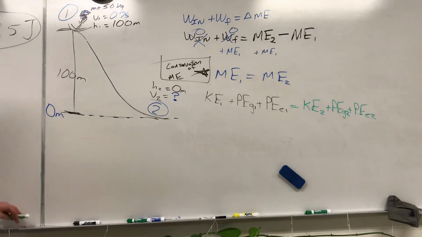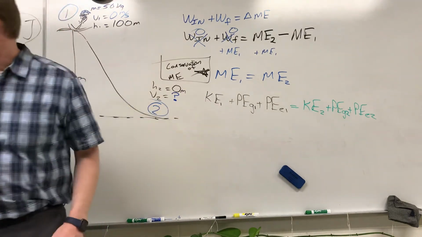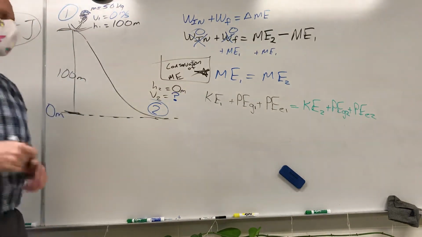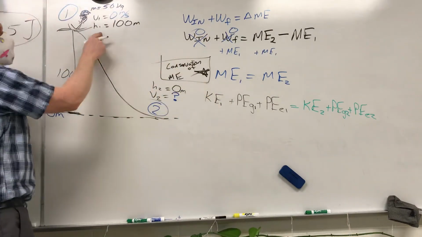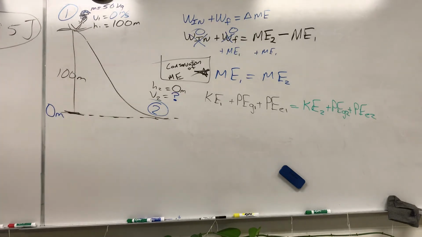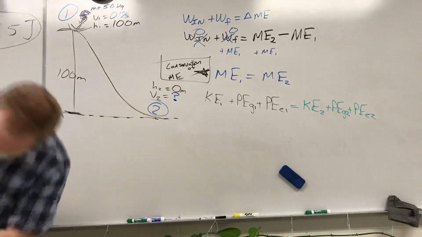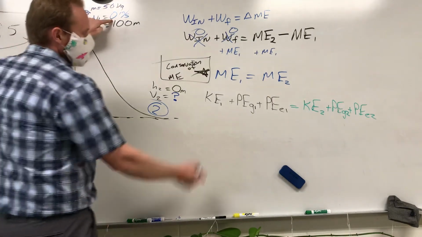Because we can go back to those questions and ask, what's the question for kinetic energy? Is it moving? Now we've got to be careful. Is it moving at location number 1? No. At location number 1. See how I wrote that out? It's very purposely trying to draw your attention to: is there a V, is there an H? Is it moving at location 1?